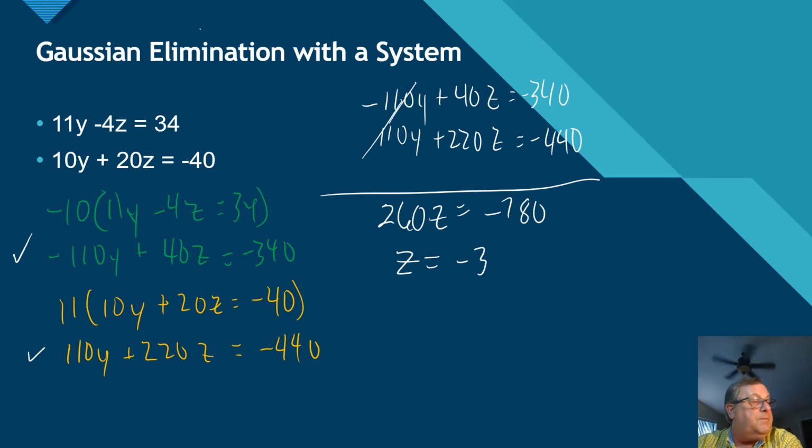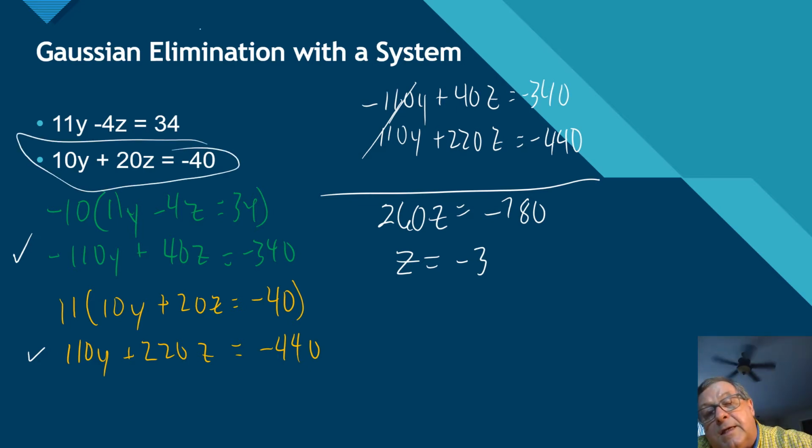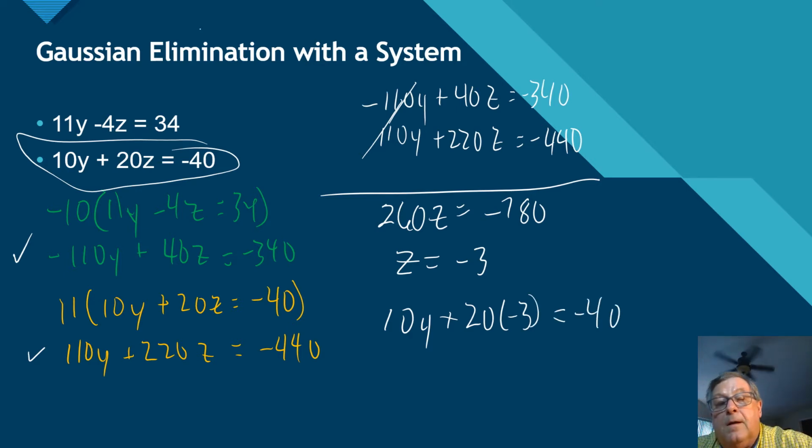I'm going to take this back into one of these two equations and substitute in negative 3 for z. I think I'll choose this one right here. So 10y plus 20 times negative 3 equals negative 40.